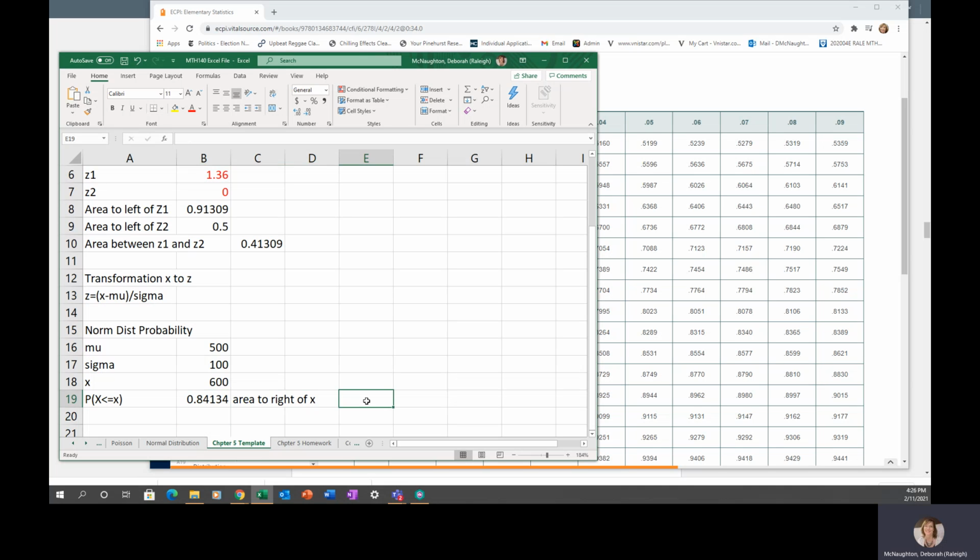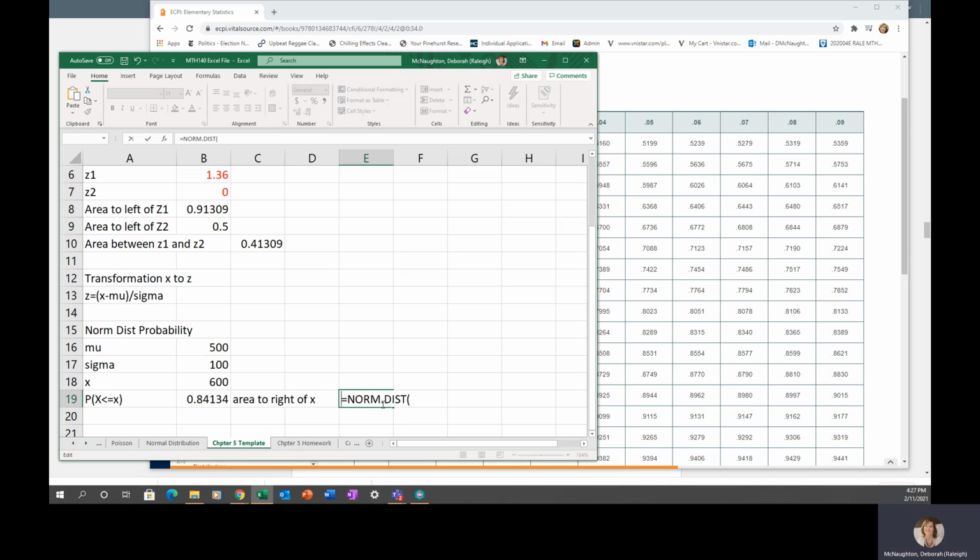So the thing that I used is equals norm.dist. I'm going to grab the formula.